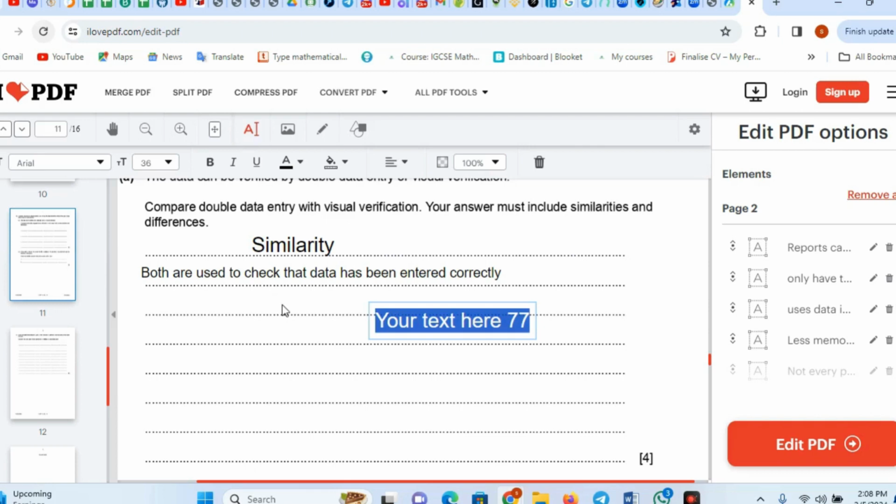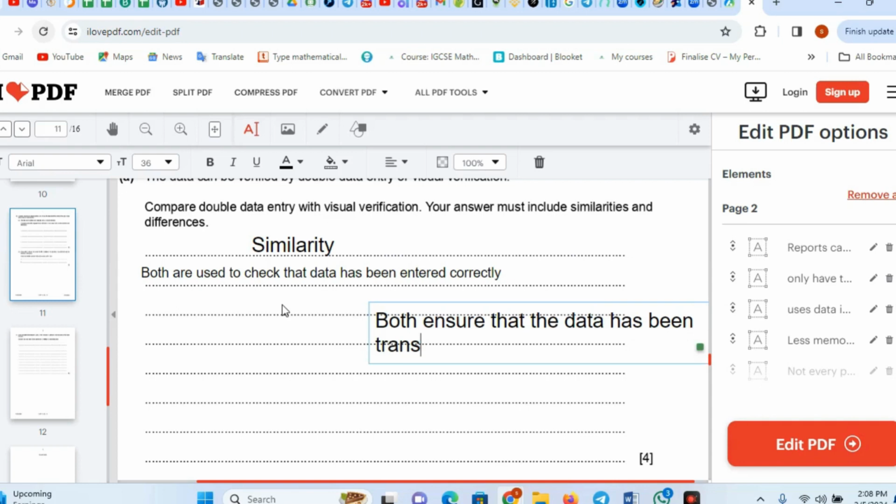Both ensure that the data has been transferred correctly, so that there is no room for error.